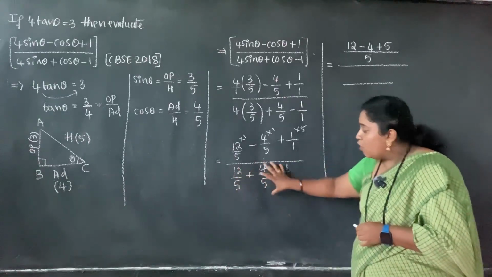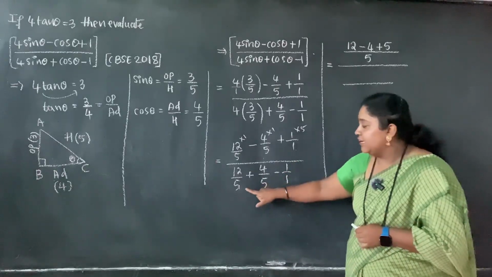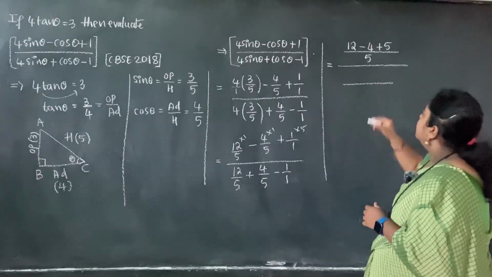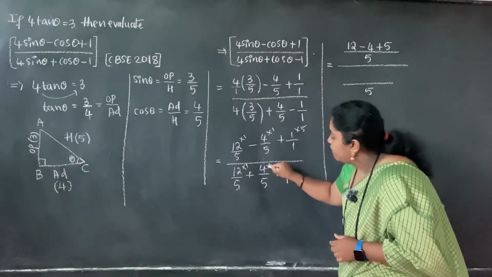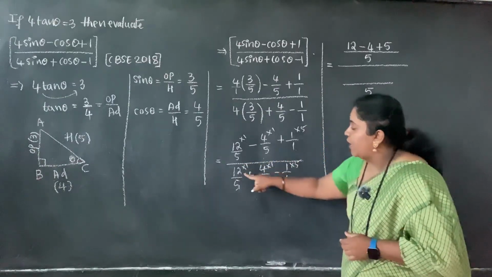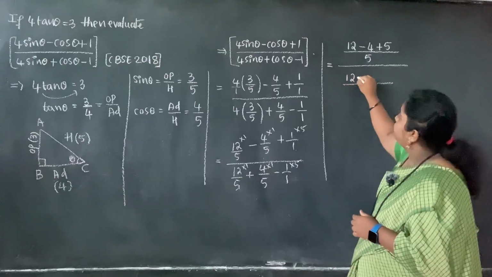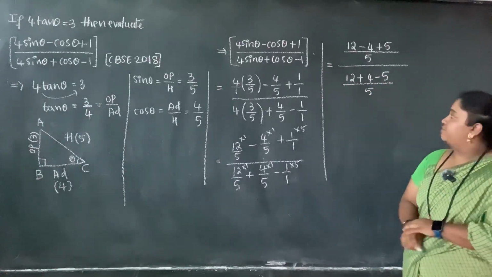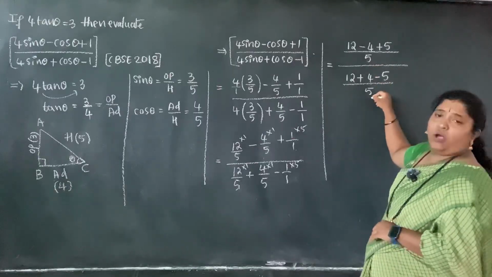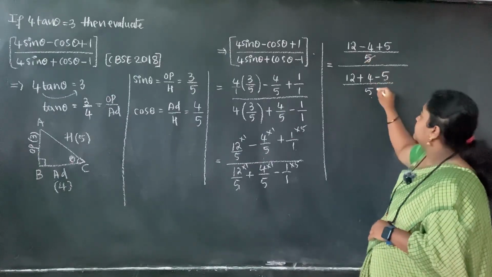In the denominator part also, what is the LCM of 5, 5 and 1? So LCM will be 5. Here also 5 ones are 5, 5 ones are 5, 1 5 is 5. 12 ones are 12, plus 4 ones are 4, minus 5. Is it clear? Fine. Both the denominators are the same, so I can cancel the denominator.